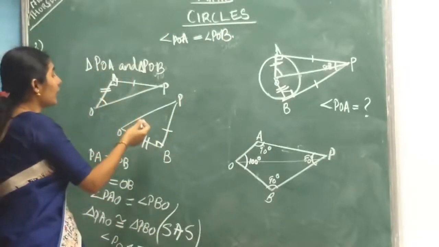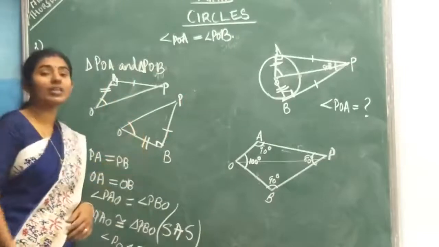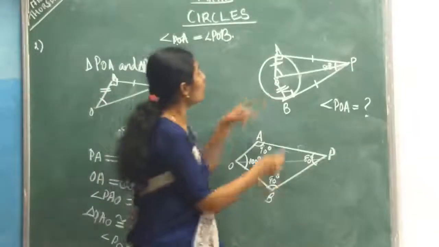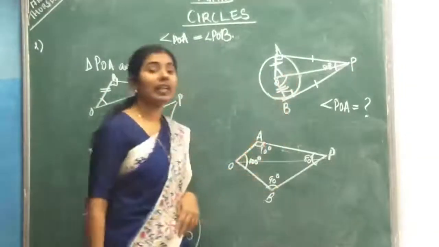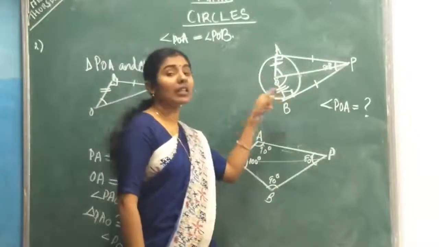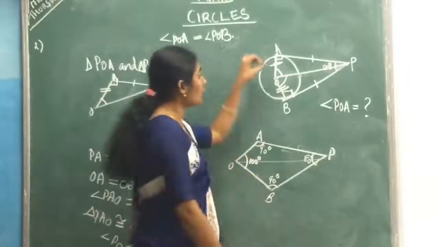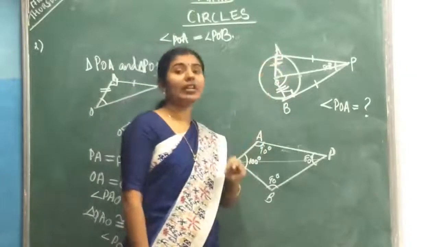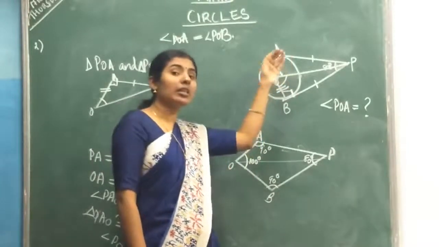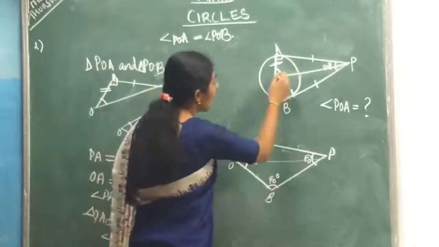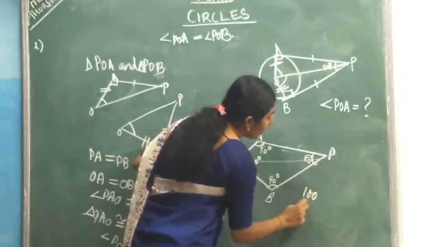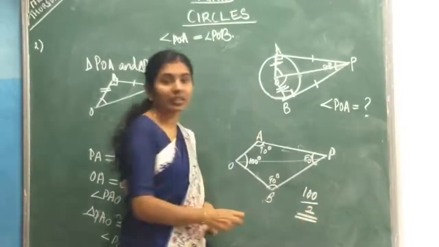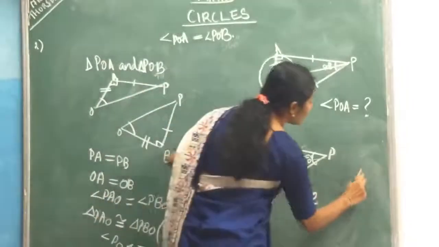POA and POB both are the same. If these two angles are the same, how to find one of its parts? Both are equally dividing, which means one of its parts is half of 100, isn't it? See here.